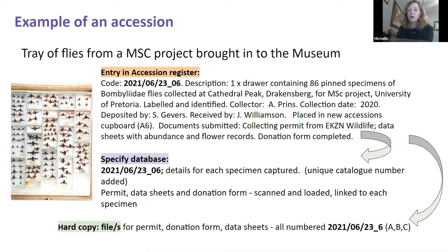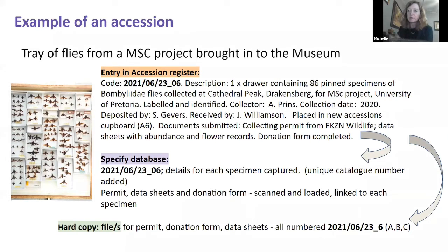So this is just an example. Somebody, a master's student, finishes their project and they want to donate their collection to the institution. And so this drawer of flies comes in.